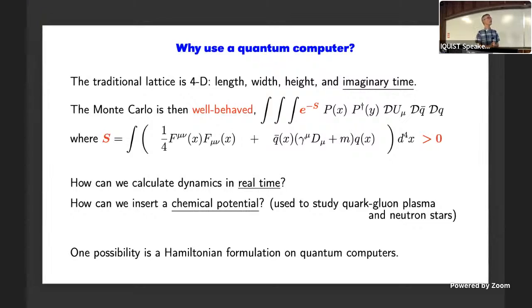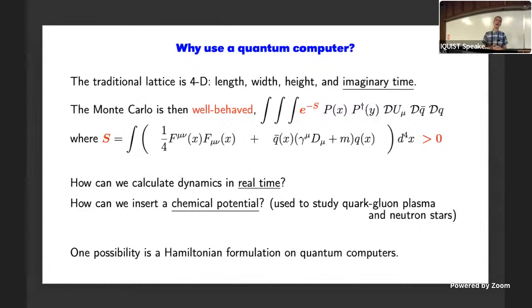And it's a very important approach because then the Monte Carlo integral that we were mentioning before is well behaved. Because this exponential e to the minus S has an S which is positive definite. And that's what you want for your Monte Carlo approach to be practical. And that's how traditional lattice gauge theory works.